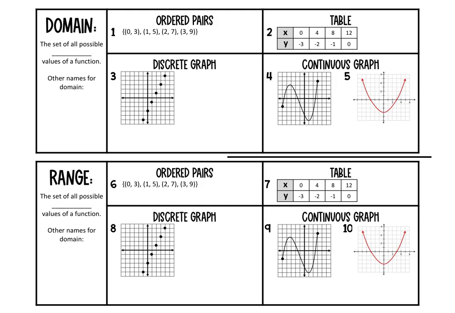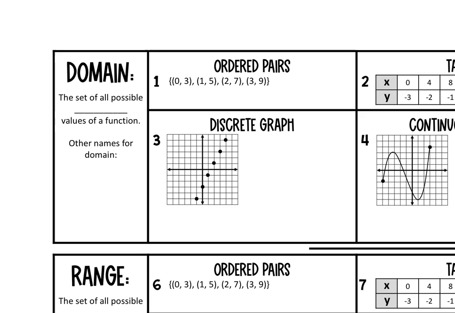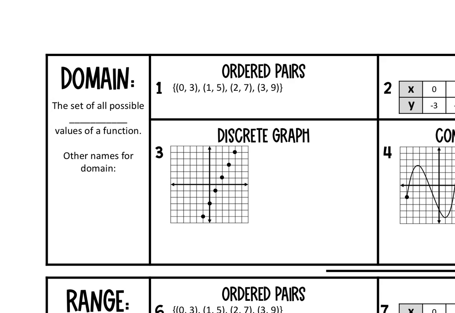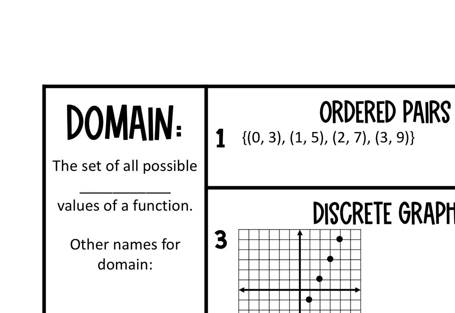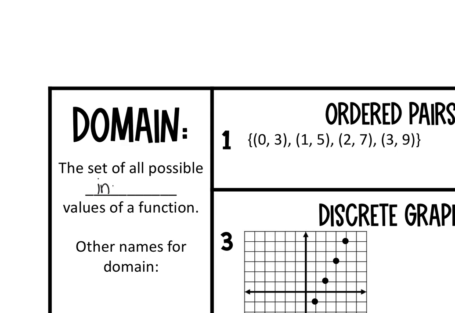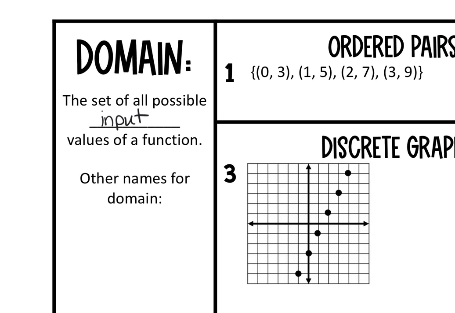So then when we look at those input values, when we open that flap again, we're going to just repeat that the domain is those set of input values. And then what I want to list under there is all the names or all the things that represent domain. We've written input a couple times, so we'll just re-put that.